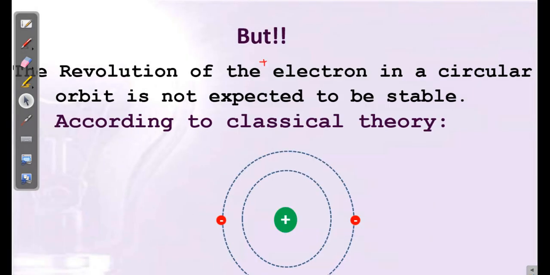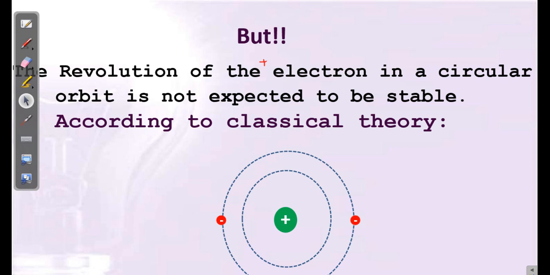But according to the classical theory, the revolution of the electron in a circular orbit is not expected to be stable, because being a charged particle, if the electron moves just like planets around the nucleus, then the energy of the electron must be lost.